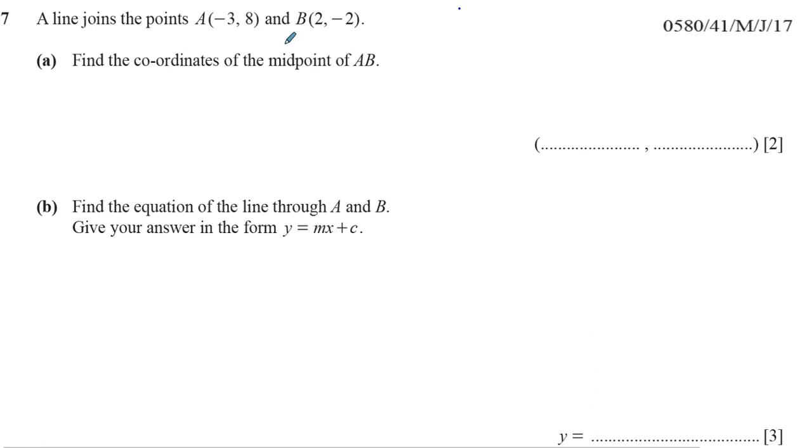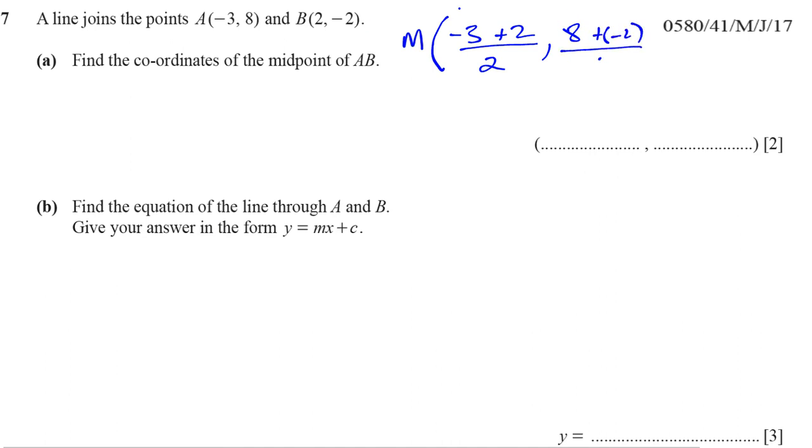So for the midpoint, you take the x coordinates, which are -3 and 2, add them together, and divide by 2. And for the y coordinate of the midpoint, you take the y coordinates of the 2 points. The y coordinate of A is 8, the y coordinate of B is -2, so 8 plus -2, which is 8 minus 2, divided by 2.